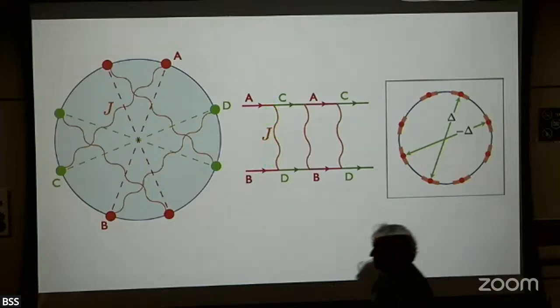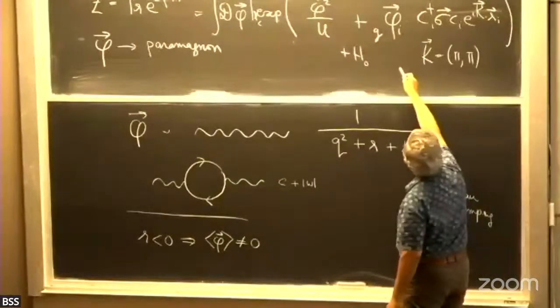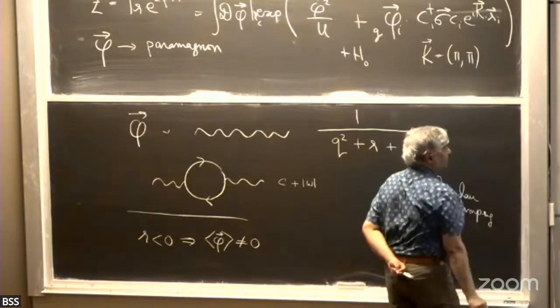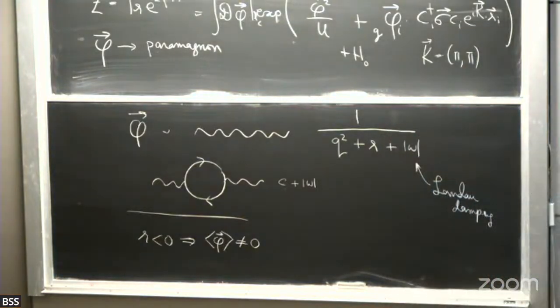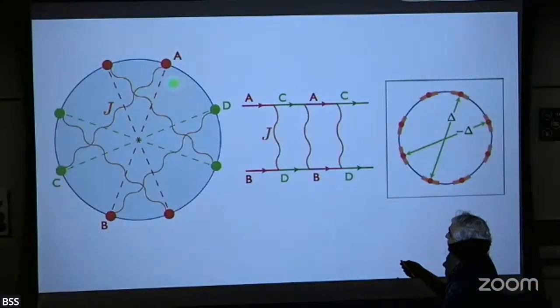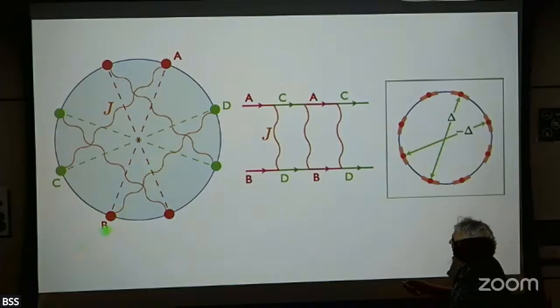As you notice from here, when you have that interaction between the electrons and the paramagnon, you change the momentum by (pi, pi). K is (pi, pi). So what happens to A, the electron at A, it gets a momentum kick of (pi, pi). It gets kicked to C. So A goes to C, and then B goes to D. So that's (pi, pi) here and (pi, pi) here.